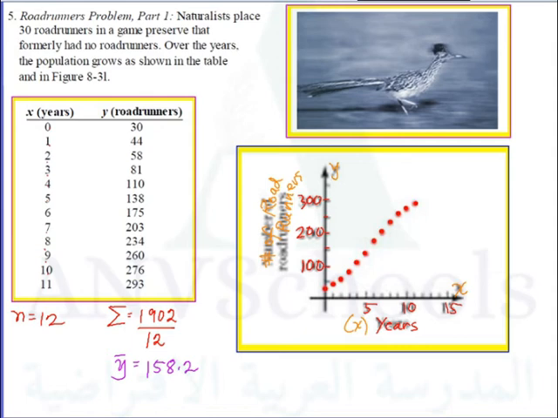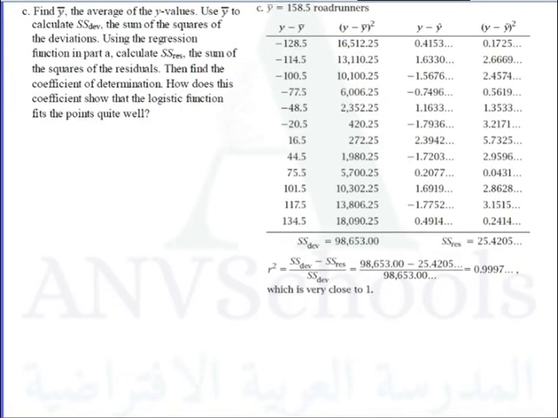That gives us 158.5. Yes, it's 158.5. Okay, now we have the same mean. So using this mean, let's get the entire table.